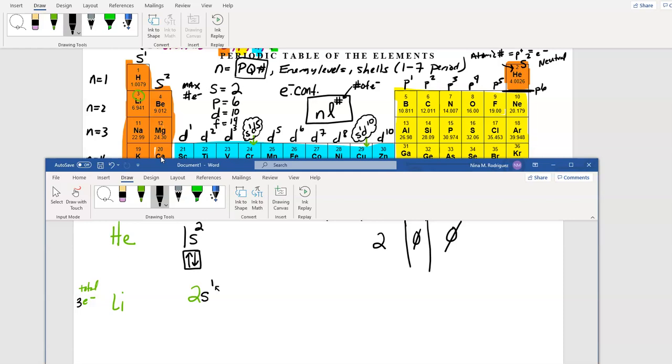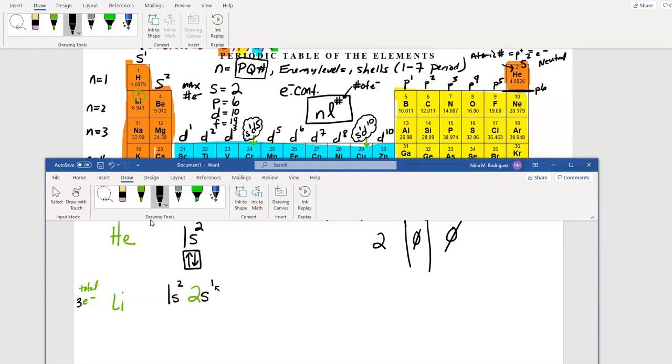And then I go to this line, 2s1, and I stop right there. So this orbital from hydrogen and helium, it's still there, because you could not have gone to lithium's configuration without having that orbital first. It always will start with 1s2.